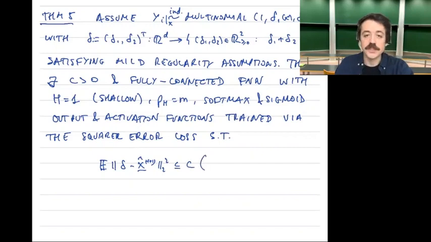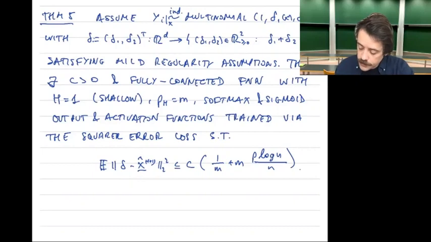So we have this constant capital C, and then 1 over m plus m log of p log of n, over n, and this, okay?